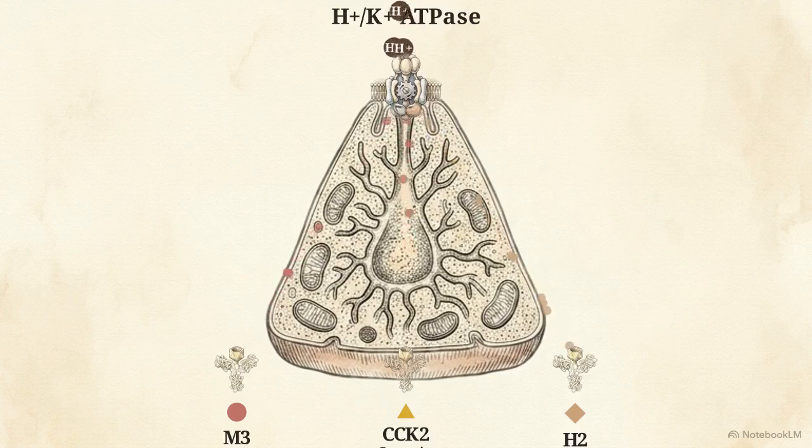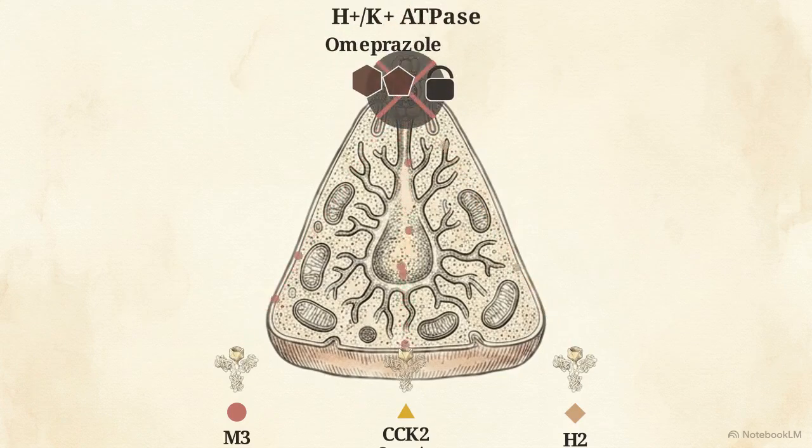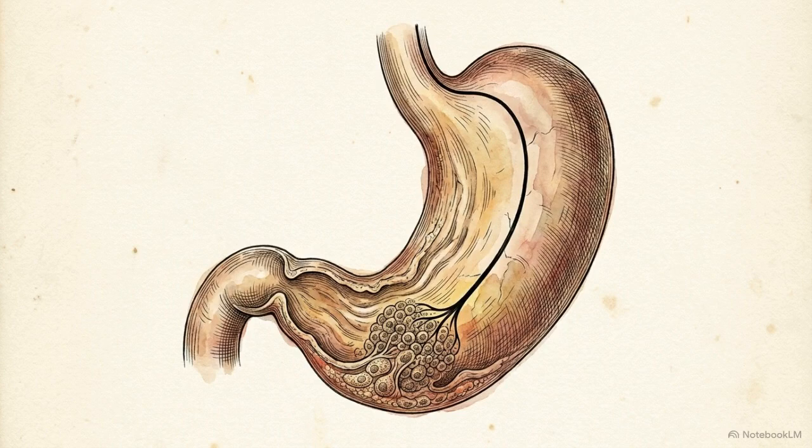Proton pump inhibitors like omeprazole do this by irreversibly binding directly to the H+K+ ATPase. By disabling this final common effector, these drugs stop acid production regardless of how many stimulatory signals are being sent to the basolateral receptors.